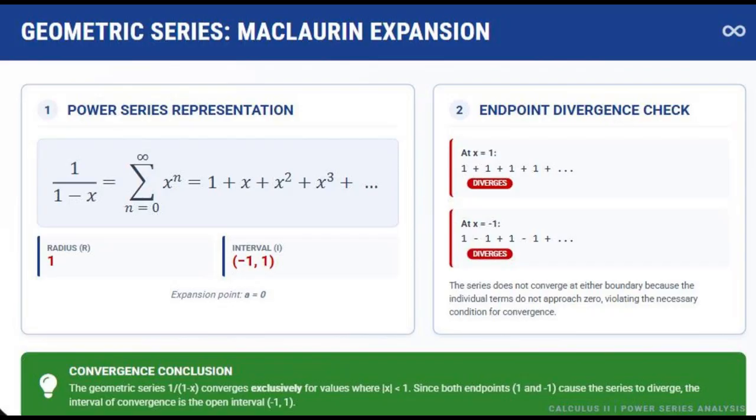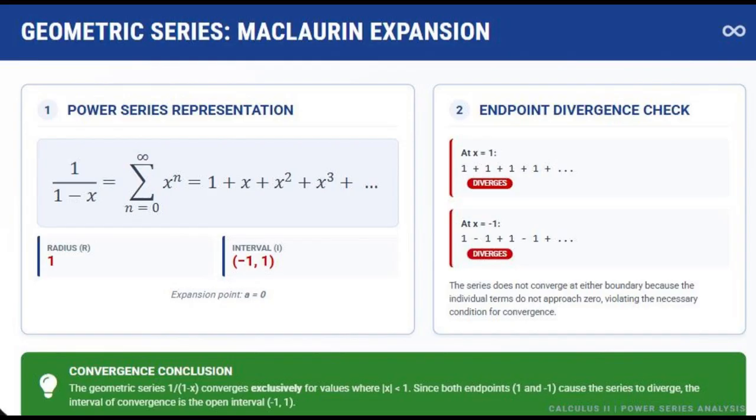Now let us consider another important example. The function 1 over 1 minus x. This function has the power series expansion 1 plus x plus x squared plus x cubed plus x to the 4th and so on.